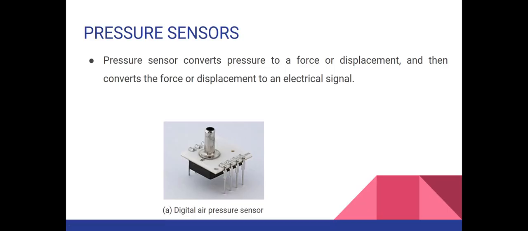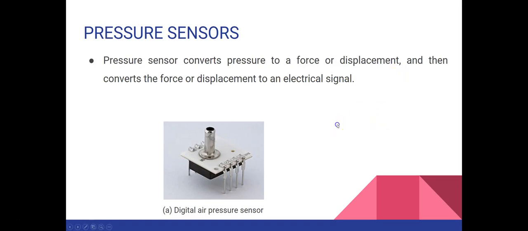Pressure is defined as the force per unit area that one material exerts on another. And the pressure sensor usually consists of two parts. The first part converts the pressure to a force or displacement, and the second part converts the force or displacement into an electrical quantity or electrical signal.